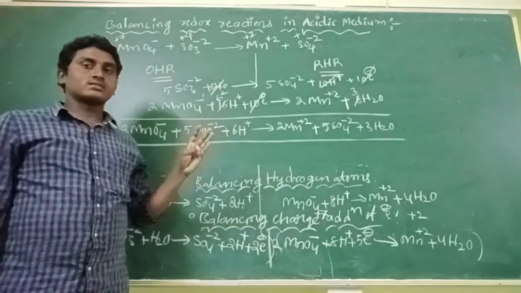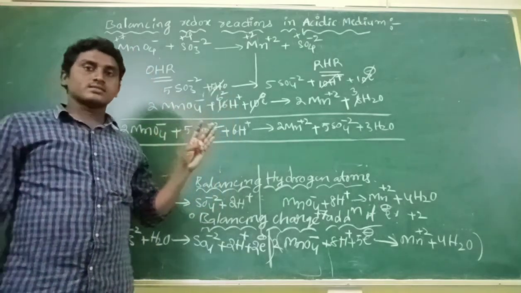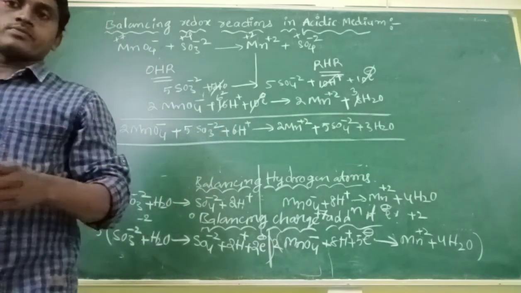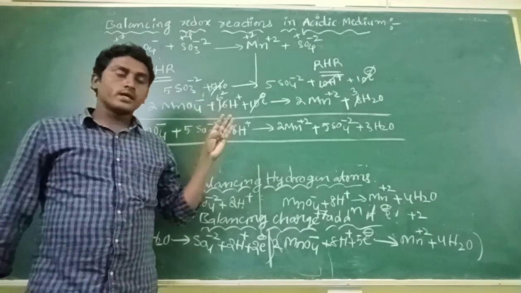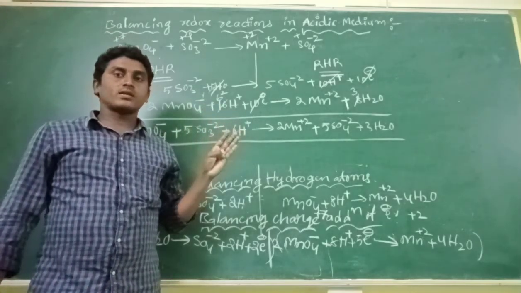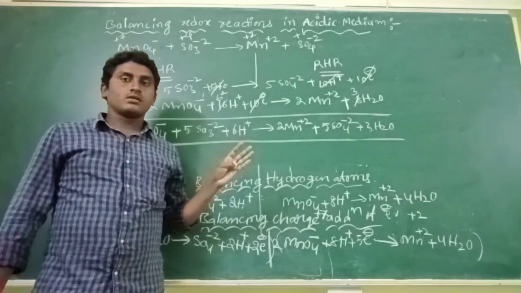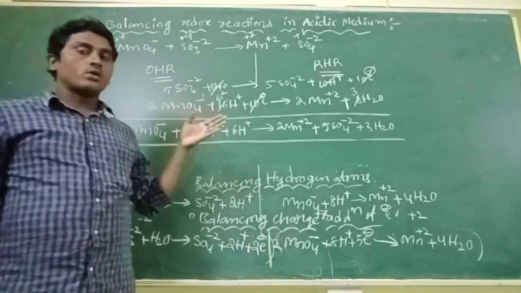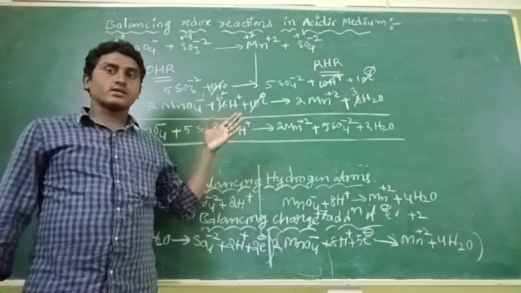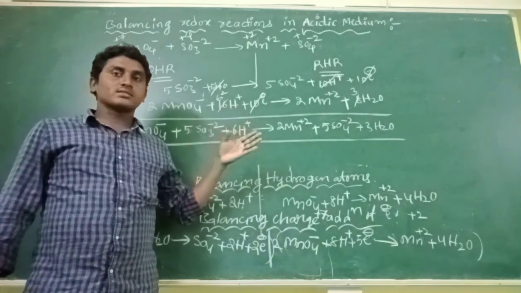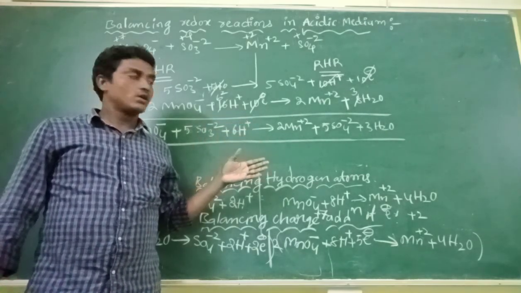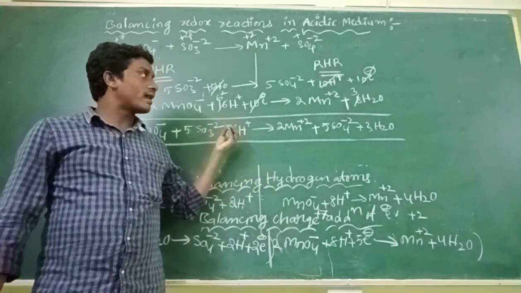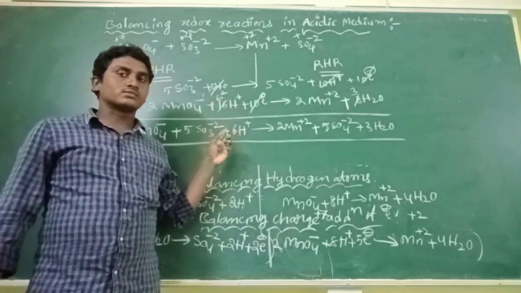Then in the third step, we have to balance oxygen atoms by adding the required number of water molecules to the deficient side. Next, we have to balance the hydrogen atoms. Then balance the charges by adding electrons. And finally, equalize the electrons, and add the two half reactions as a single reaction.